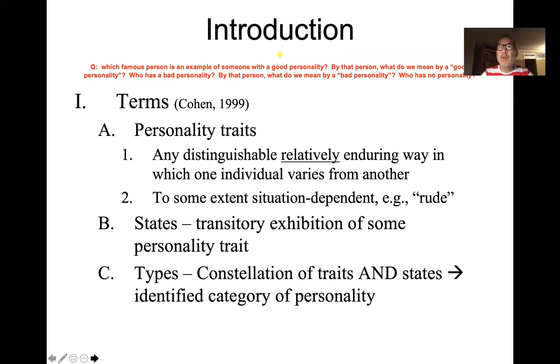Alrighty, relatively is an important emphasis, because whatever personality trait we define and measure, the odds are that trait doesn't manifest itself all the time. It's something that occurs in most situations, most of the time, but not absolutely in all situations. So, what would be an example? An example is being an extrovert.